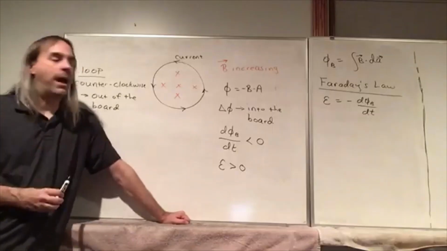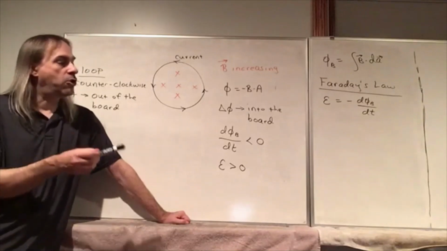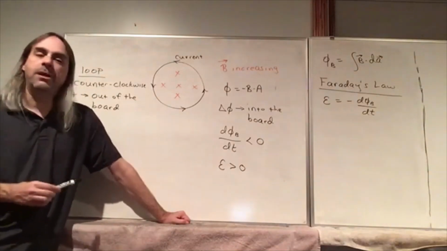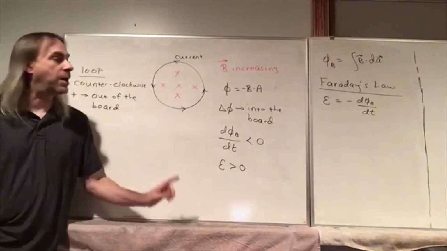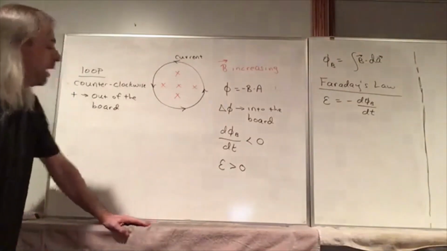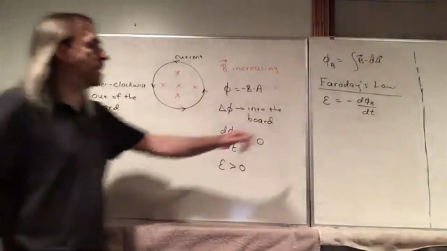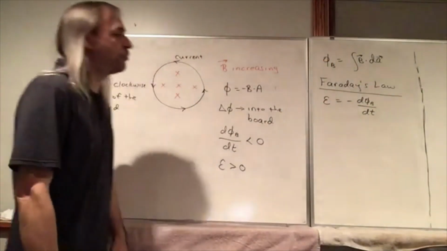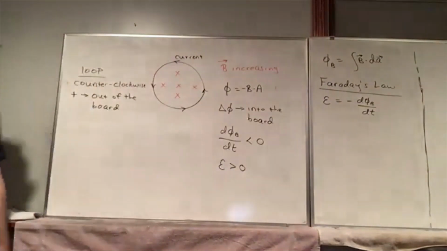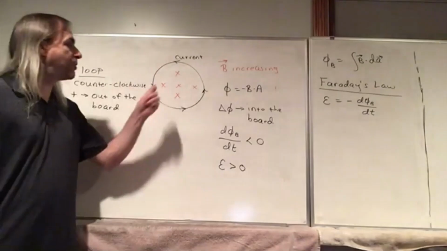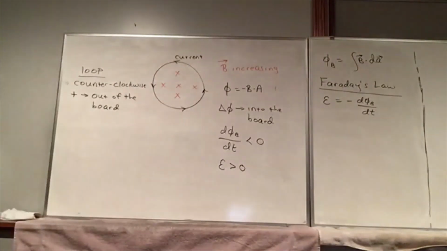There's another way that we can determine the direction of the induced current, and that's something called Lenz's law. We'll talk about that in a second. But usually we just focus on the magnitude, the rate of change in flux over time, and then we can use Lenz's law to find the direction of the induced current.